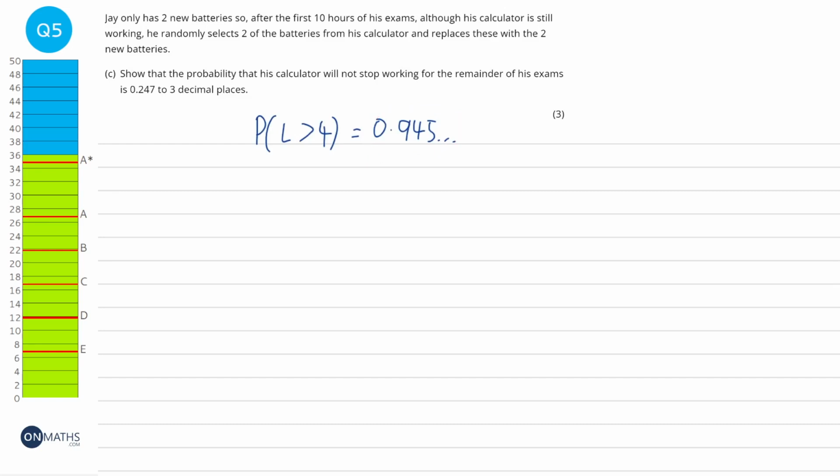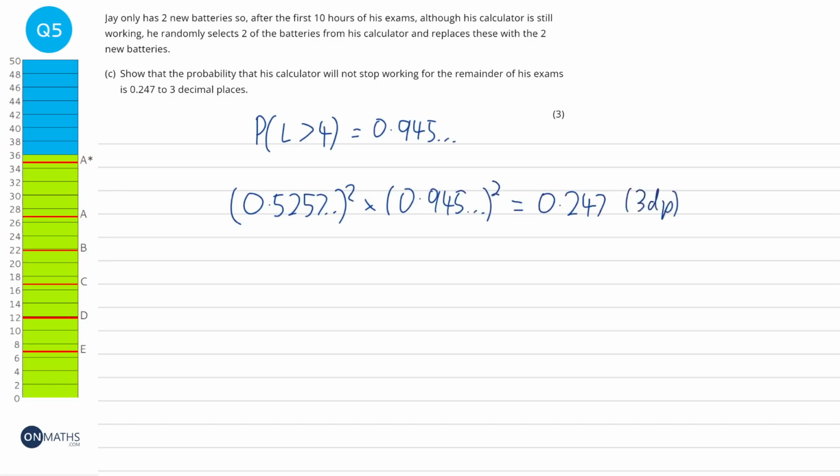And so we're going to do 0.5257 times by itself, and then times it by these 2 batteries here. And then when we do that, we get 0.247 when rounded to 3 decimal places, which is the number in the question.